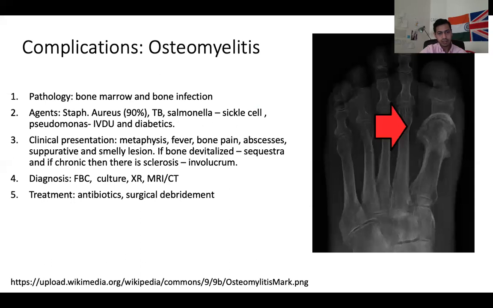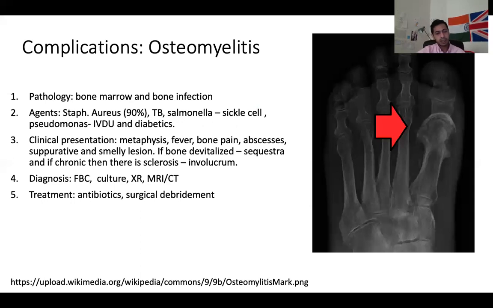So once again, diagnosis. We know it's an infection, so we could do some labs. A simple full blood count would show us some leukocytosis. We could do a culture of the wound, and then simply an X-ray and then an MRI, CT, just to assess some soft tissue damage as well.